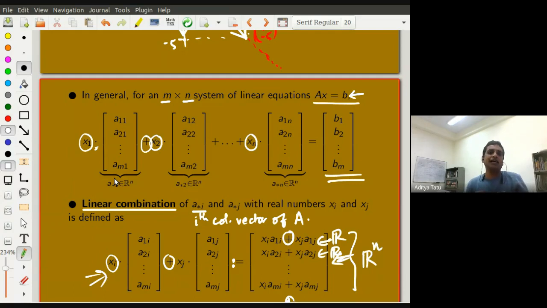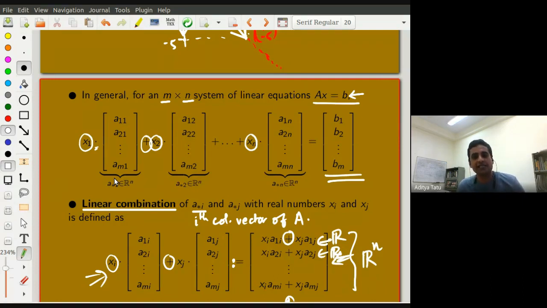So if I try all possibilities for x1 to xn, I'm going to get all linear combinations of columns of A, and that's going to be a set, right? Does that make sense?